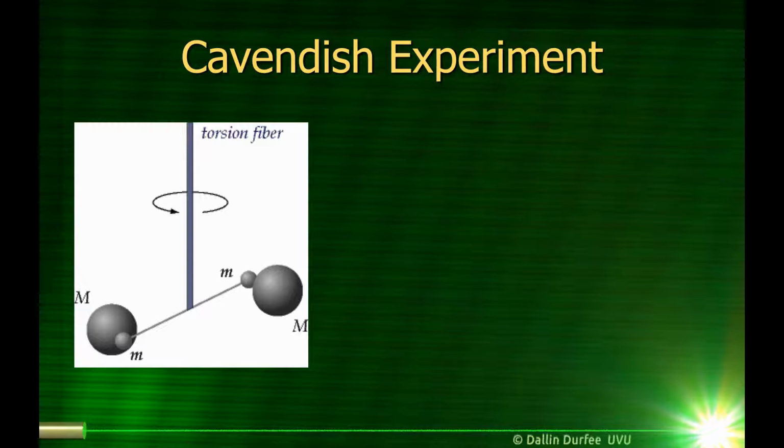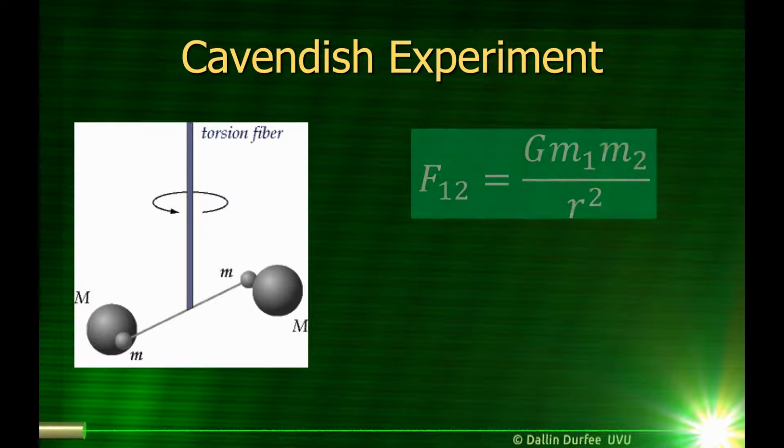But Cavendish came up with this great experiment where he had a wire and he suspended some masses, and then he had some other masses, and the gravity from the masses would make the wire twist. And if you're really careful to make sure that you do everything just right, you can actually make gravity make the masses twist, and you can measure that constant, G, the gravitational constant.